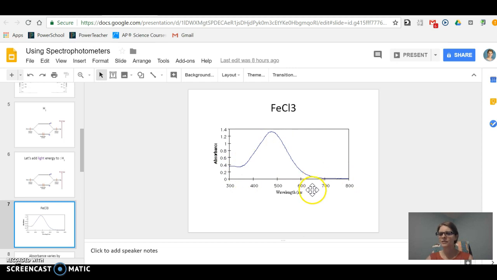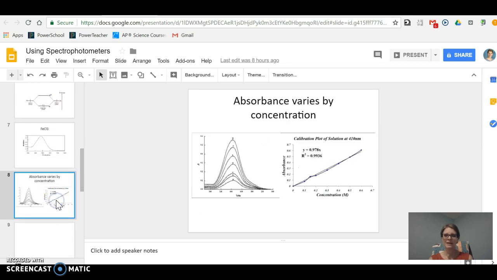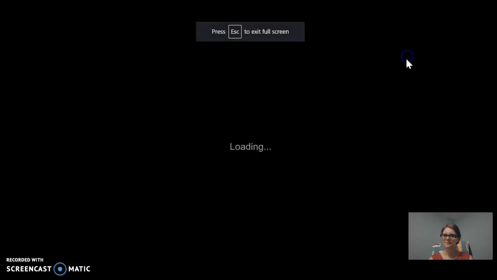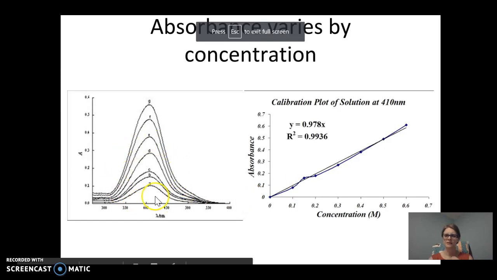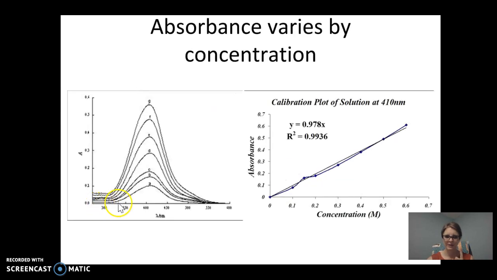Now the key thing to know about this is that it changes over each wavelength, which we looked at, because depending on the color of the solution, it will absorb or transmit certain colors. The other key thing to look at here, and something you do need to know, is about concentration. So take a look at this thing on the left. Think about the curve we just saw, and pretend that curve is this one right here, the bottom one.